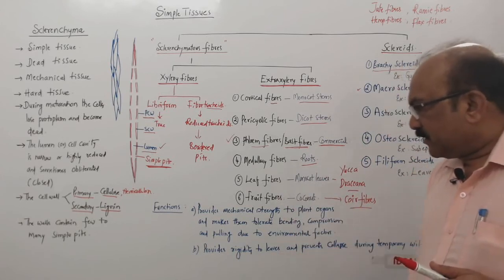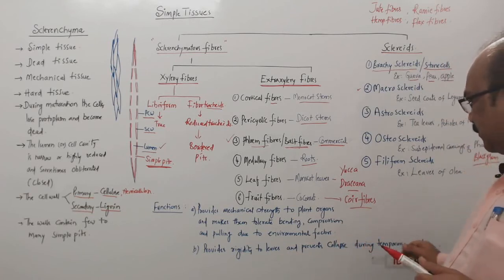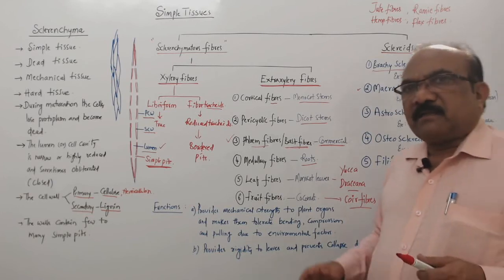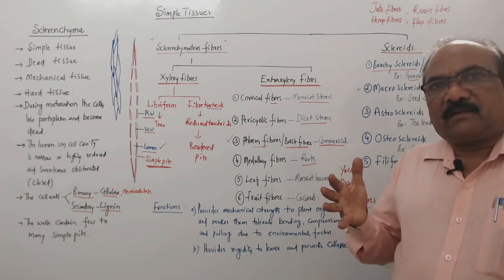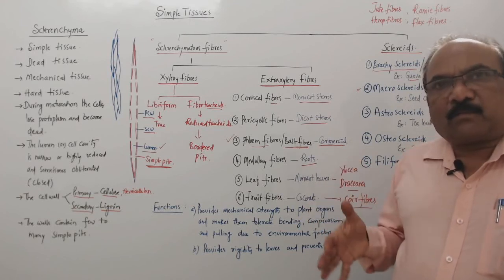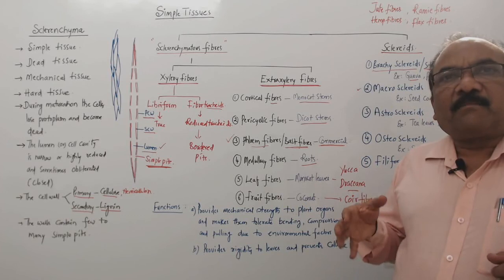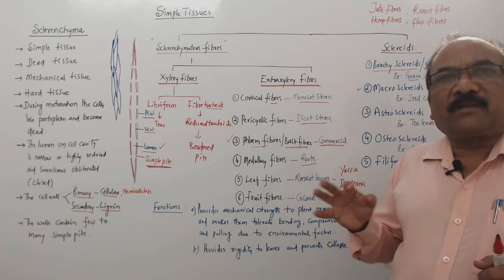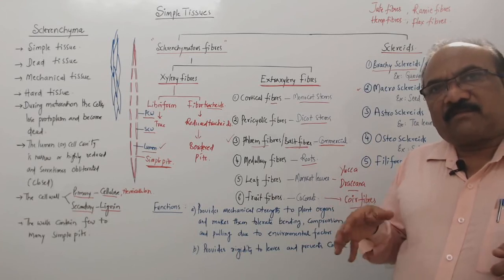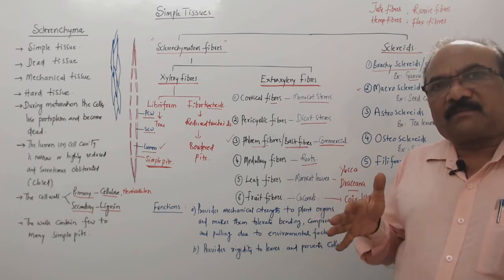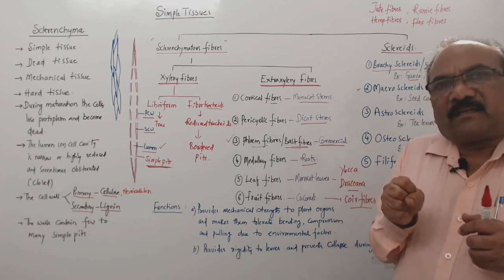And the next one, it provides rigidity to leaves and prevents collapse during temporary wilting. In the summer season, generally, the leaves droop, and this drooping of leaves is called wilting, but it is not permanent wilting, it is temporary wilting, and even then it won't collapse, meaning they will not get folded.